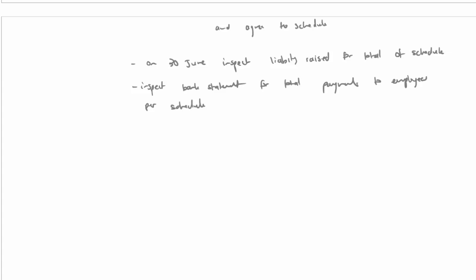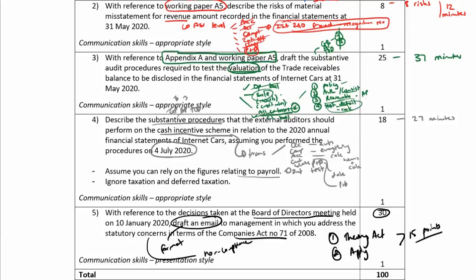Okay, let's quickly look at our required to see that we've addressed everything. So I've done my general, my analytical in terms of test of detail. I've tested occurrence and authorization, and then I've tested in that calculation that only employees that meet the requirements have actually been paid for occurrence.